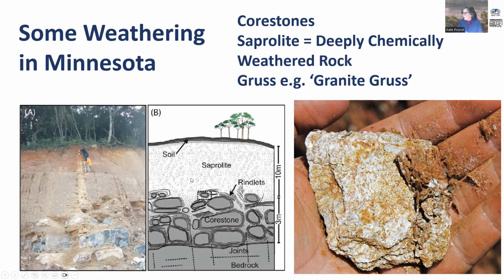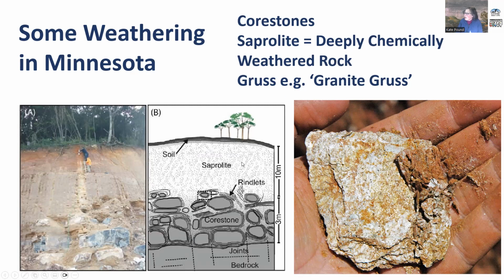Now, if that chemical weathering completely breaks down the rock, the material that's produced is called saprolite, and that's deeply chemically weathered rock.